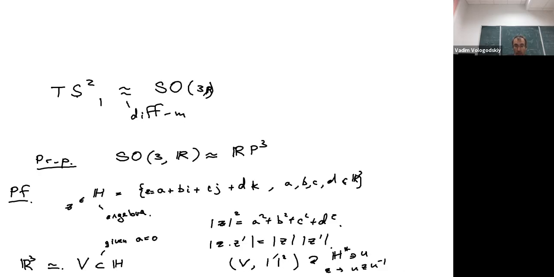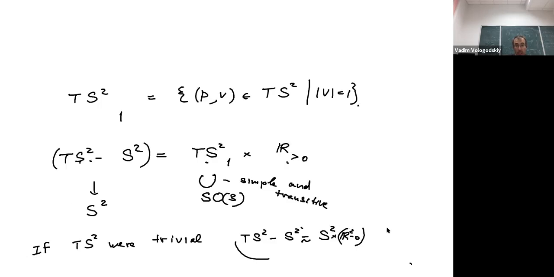So this defines a map from the group of invertible quaternions. And I recall that quaternions is a skew field, meaning that every non-zero quaternion is invertible, to the orthogonal group preserving this quadratic form, the norm form.